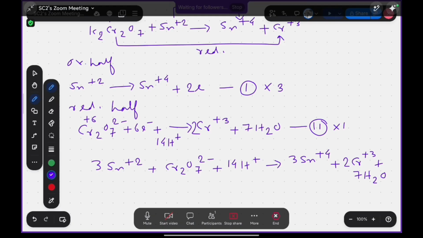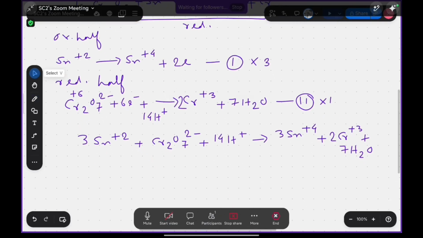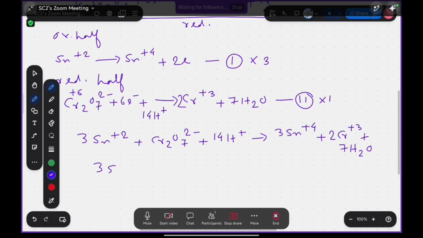So what do you see? The question asks you to find the number of moles of potassium dichromate that can be reduced by 1 mole of Sn plus 2. What do you find here? From the balanced equation, 3 moles of Sn plus 2 are equivalent to 1 mole of dichromate.